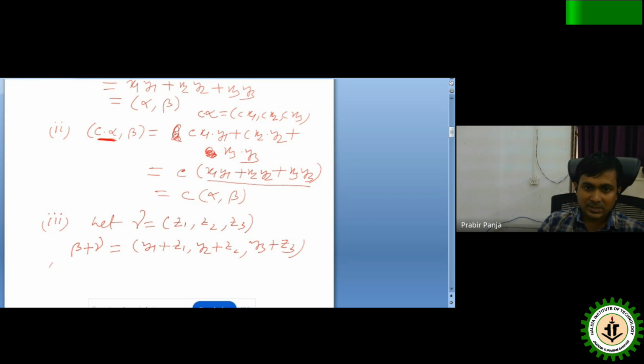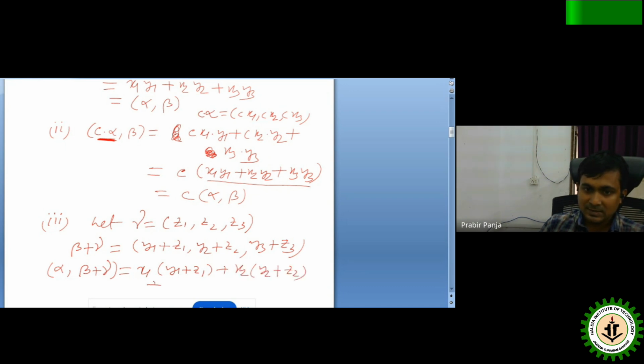Now, whenever we take the inner product between alpha and beta plus gamma, as per the inner product rule, it will become x1 into y1 plus z1, plus x2 into y2 plus z2, plus x3 into y3 plus z3. Okay.